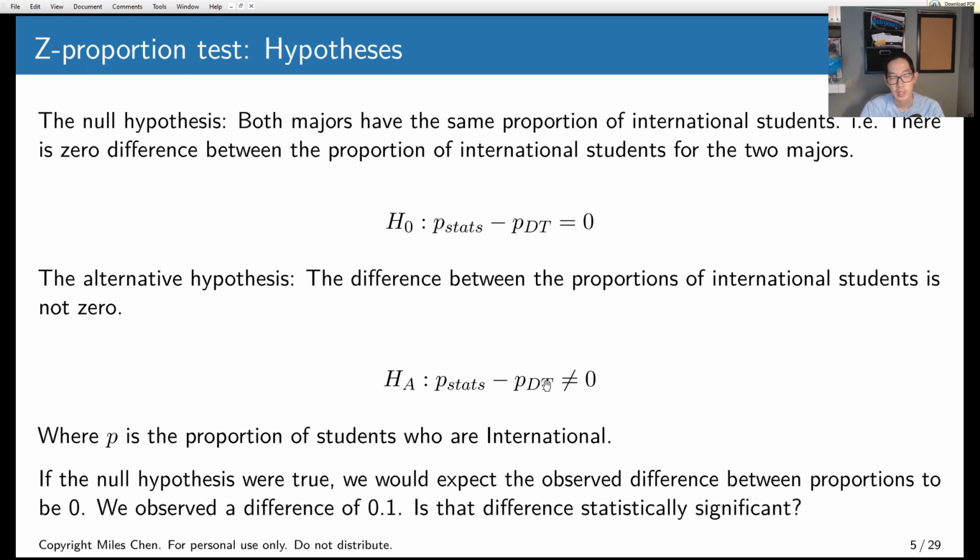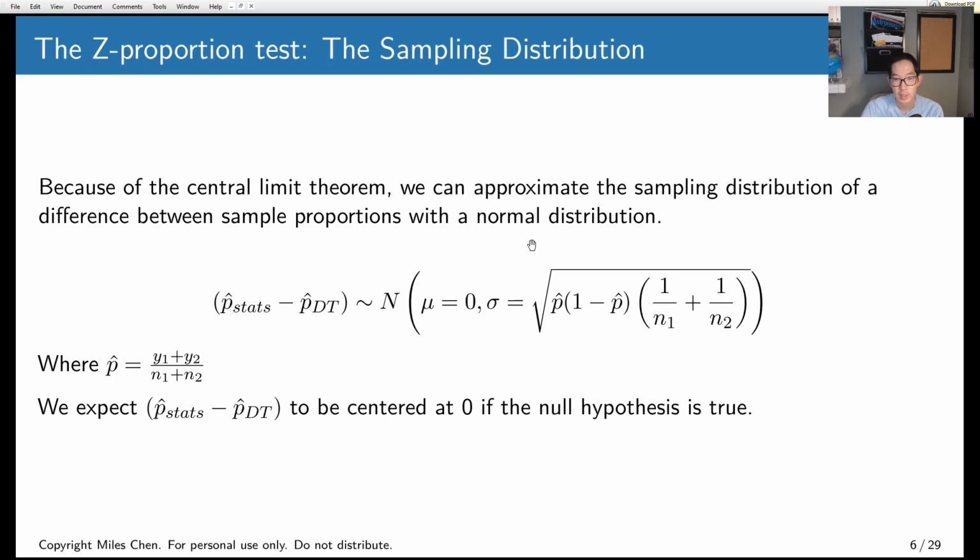Okay? And if the null hypothesis were true, then whenever we take random samples, we expect the difference between proportions to be around 0. We happen to get a difference of 10 percentage points. So is that difference statistically significant? Well, according to the central limit theorem, we can approximate the sampling distribution of that difference with a normal distribution.